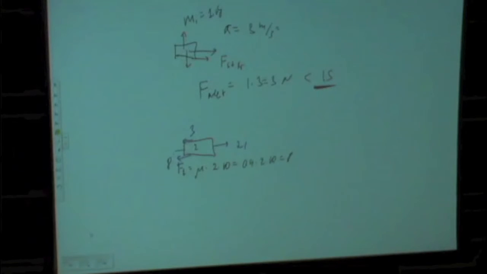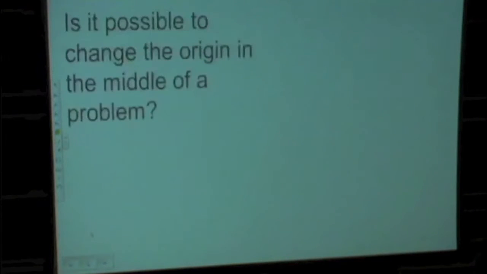It's just when we deal with that box only, that's what it should be. But come on, you see, 8 and 3 gives 11. So if we treat it as one whole system, it again gives the same kinetic friction we've got before for the whole system.